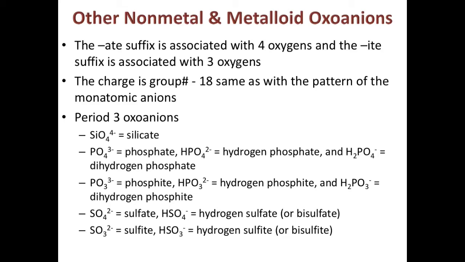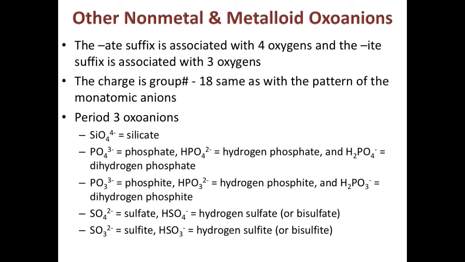We can also add a second hydrogen, H2PO4 -1, and we call that dihydrogen phosphate. Correspondingly are the PO3 3- series. So PO3 3- is phosphite, HPO3 2- is hydrogen phosphite, and H2PO3- is dihydrogen phosphite.